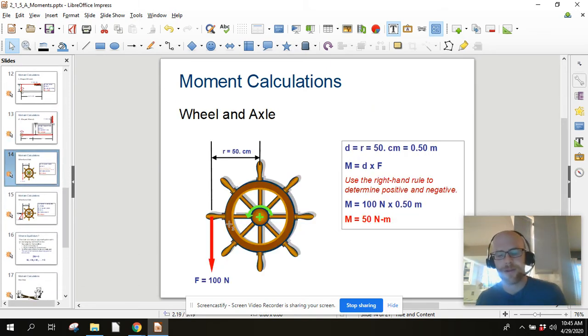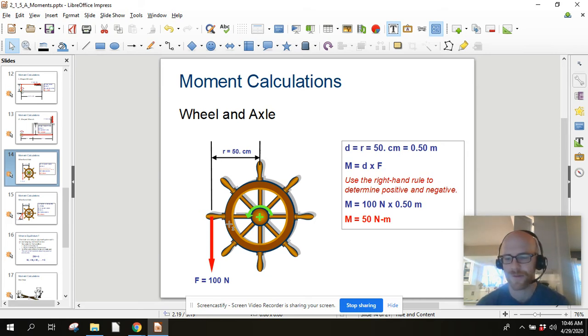Now, what about other things like a wheel and axle? Those are still able to calculate moment because you're rotating. Maybe we're pirates now, steering this old pirate's wheel. There's a force of 100 newtons here, and what's the distance away from the fulcrum or the rotation point?